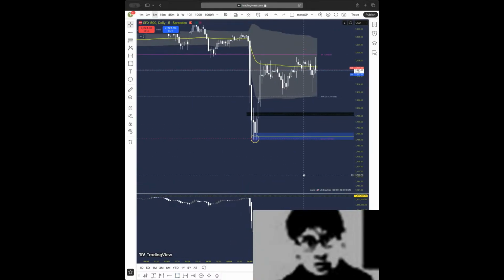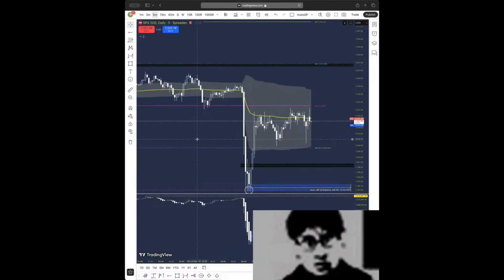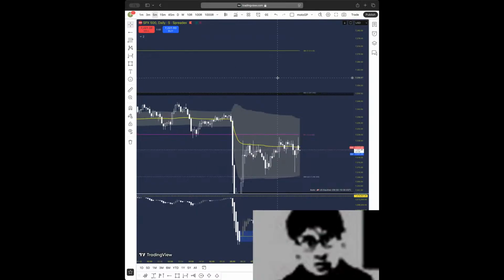This hasn't really broken out of balance yet. This is your balance area right here. So I would say the Russell is actually bearish because at this point in time, it is more likely to head back down. But if you get back above Friday's high from last week, then you can be bullish because that's a breakout of balance. But right now, I'd be neutral to bearish on the Russell, purely based on technicals.